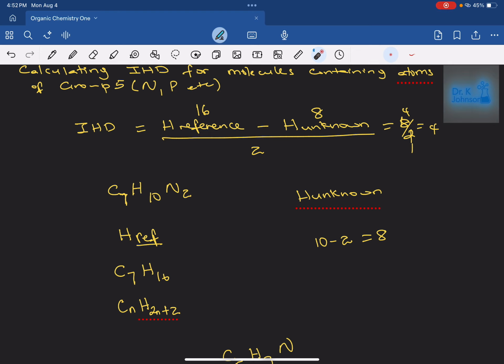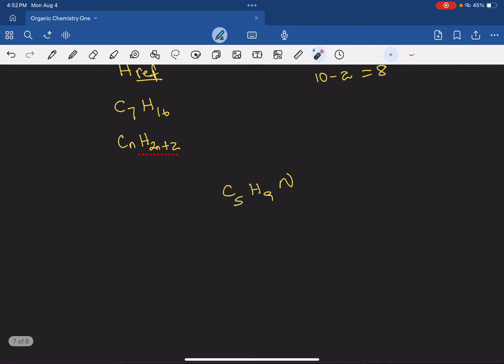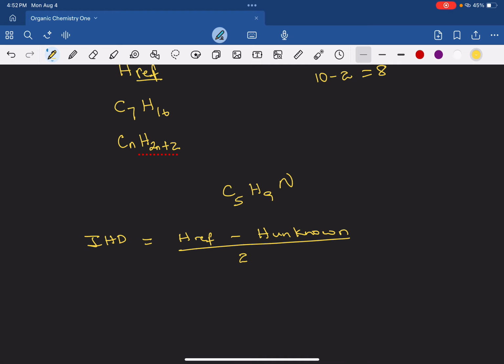All right, so let's look at C5H9N. Remember, you write your little formula. You must remember the formula, by the way. It's generally not given; it's something you have to memorize. So the number of hydrogens in your reference minus the number of hydrogens in the unknown, divided by 2.